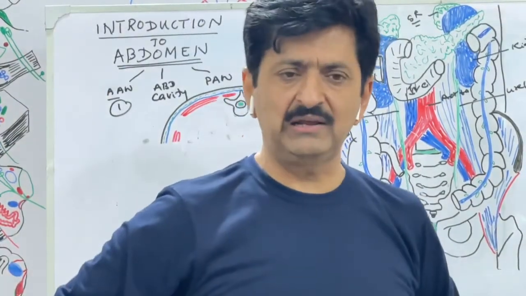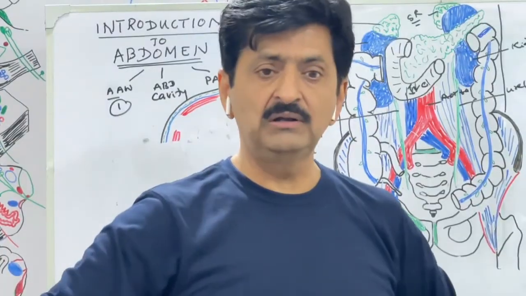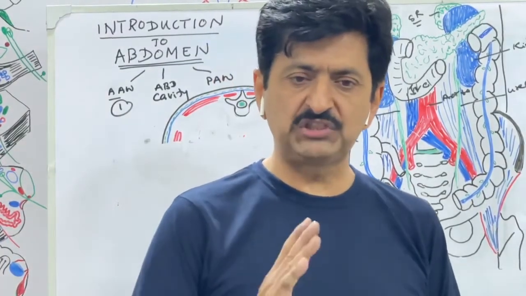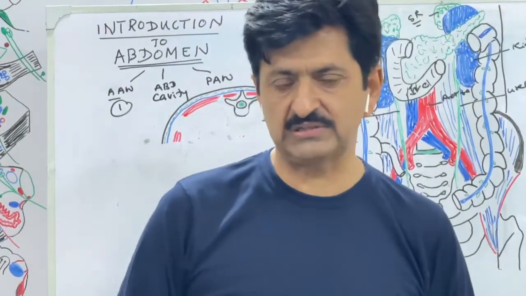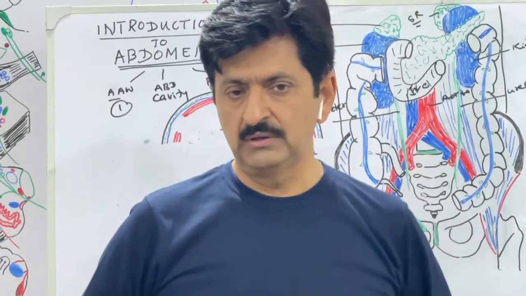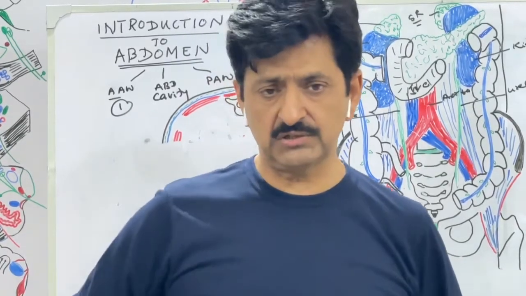So in the beginning, anterior abdominal wall, then later on, abdominal cavity, then posterior abdominal wall. So it will be 3 steps in which the abdomen will be discussed. In the anterior abdominal wall, you have to discuss how it is formed, what the muscles are, and how these muscles are organized.